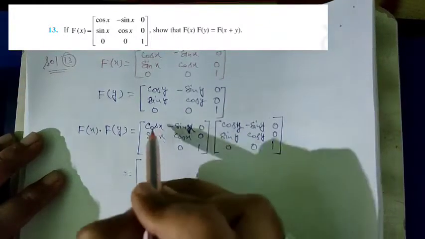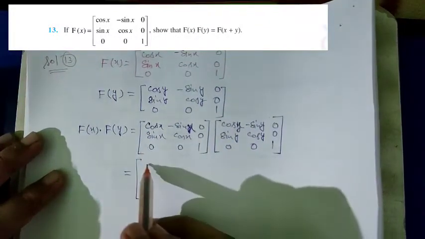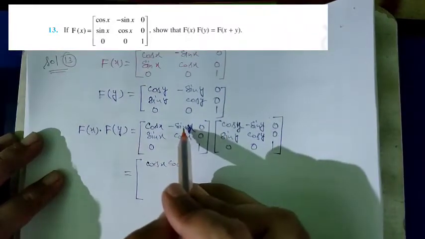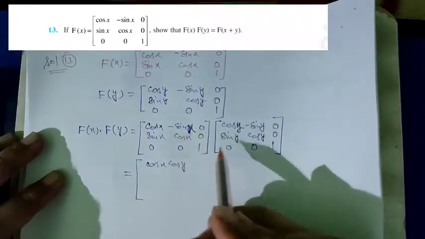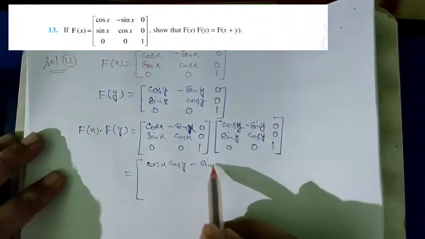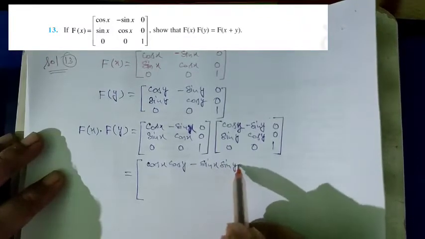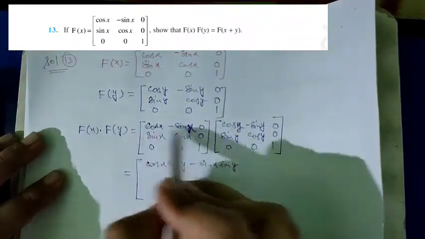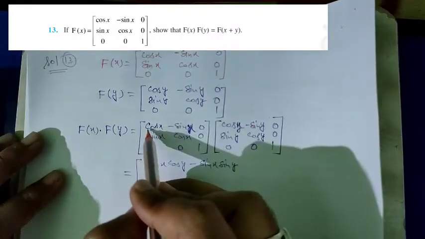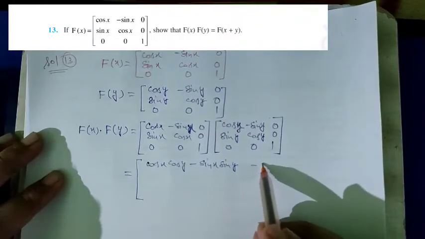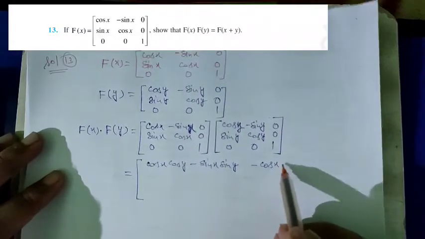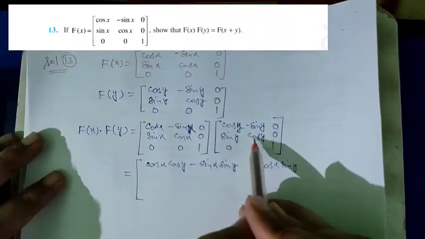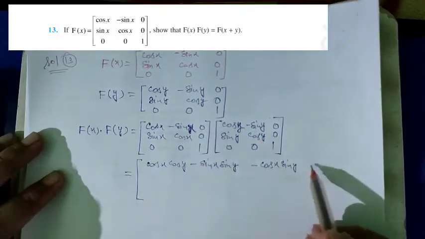So it will give you cos x into cos y and minus sin x into sin y. This 0 into 0 won't give anything. Now cos x into minus sin y will give you minus cos x sin y. Now this into cos y, minus sin x into cos y.